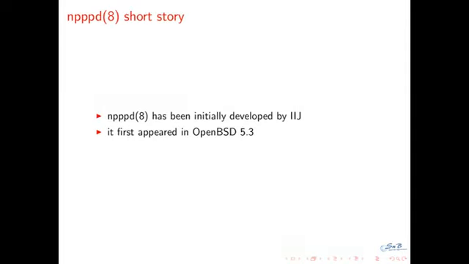It was initially developed by IIJ, which is Internet Initiative Japan, and first appeared in OpenBSD 5.3, which will be released next month. Anyway, it was for about a couple of years in source code, so I started working on it and using it in production, even if it was not yet linked to the build.